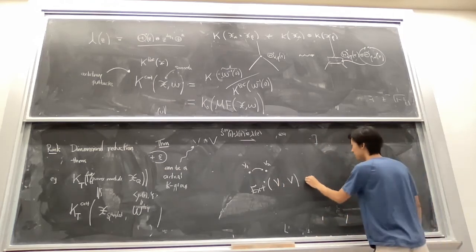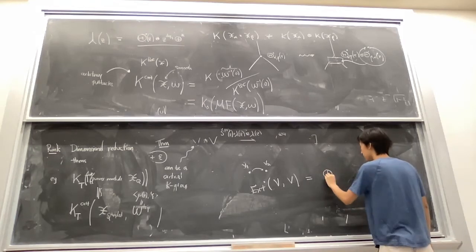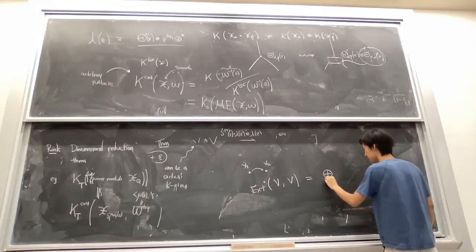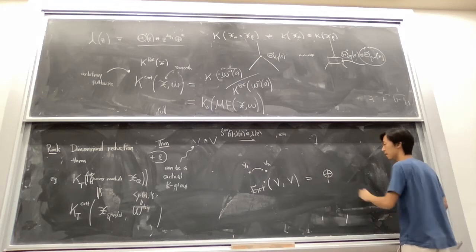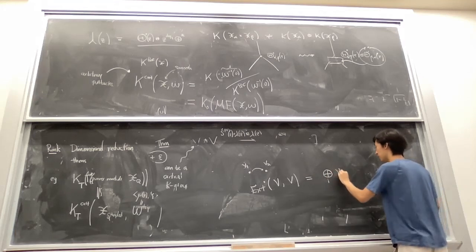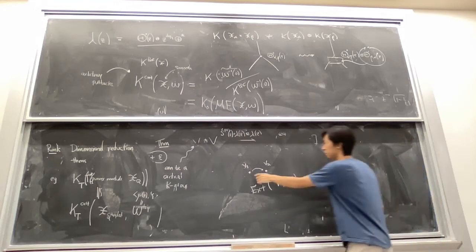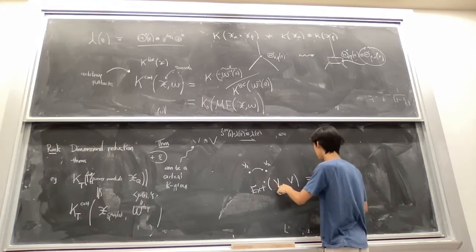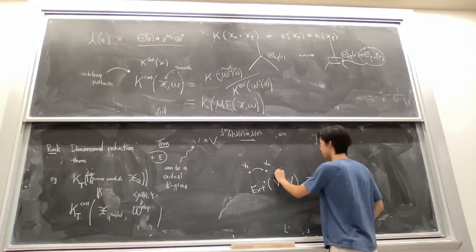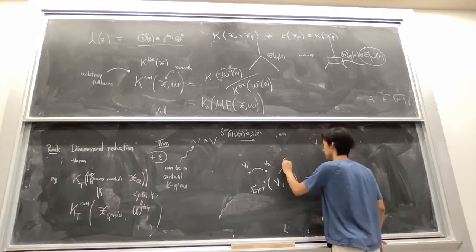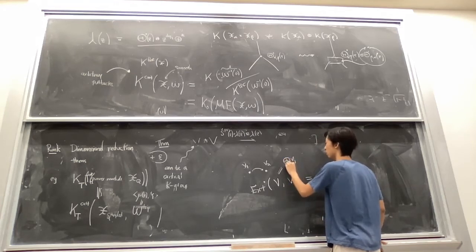This will have some kind of expression, like a sum over all your vertices. V is like the V_i over all your vertices i.